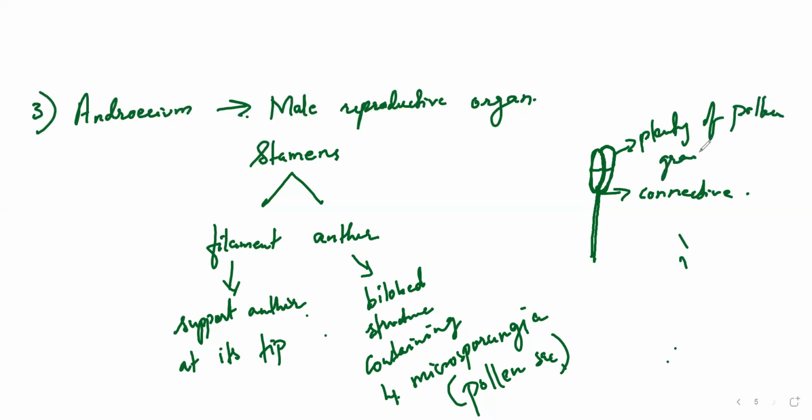These pollen grains are called microspores, because they are produced in microsporangia. Pollen grains are the yellow dusty powder you find in most flowers. This is the male reproductive organ of a flower, which is androecium.